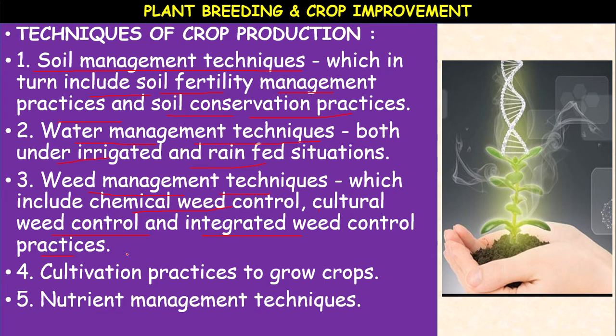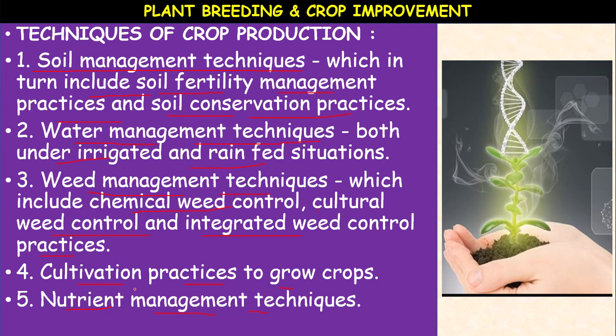Then the fourth technique, cultivation practices: which method is suitable to grow the crops. Such cultivation practices must be selected. Then nutrient management techniques, meaning the right nutrient at the right time we have to give to the crop, so that it assimilates, utilizes and gives the result.